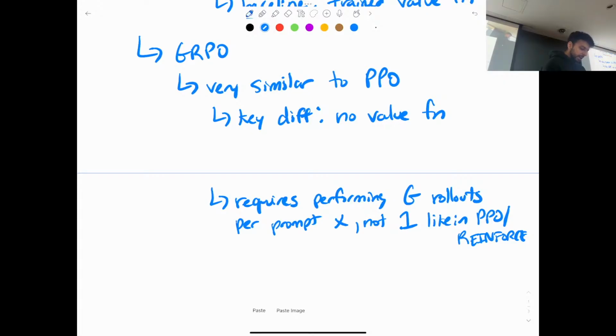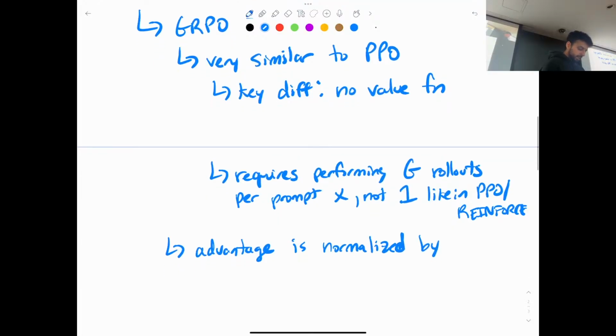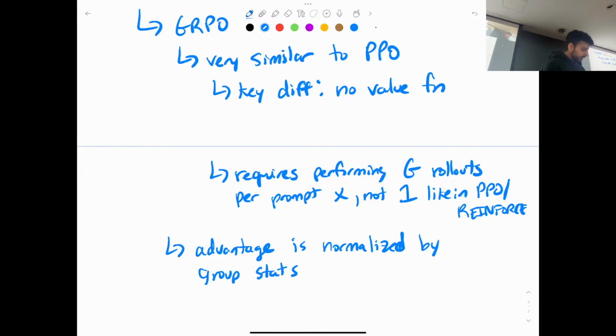So we have no value function. Instead, we have an advantage which is normalized by the group statistics.